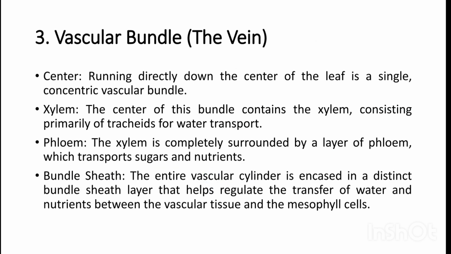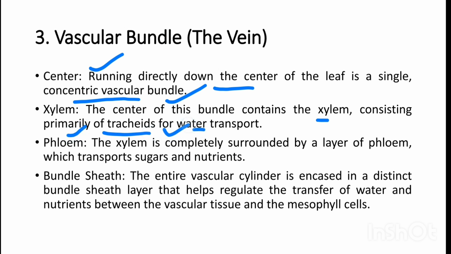Next, vascular bundle. Only the midvein has the vascular bundle. Running directly down the center of the leaf is a single concentric vascular bundle. Concentric vascular bundle means xylem and phloem are arranged in a ring-like manner. Xylem is at the center of the bundle, consisting of tracheids for water transportation.